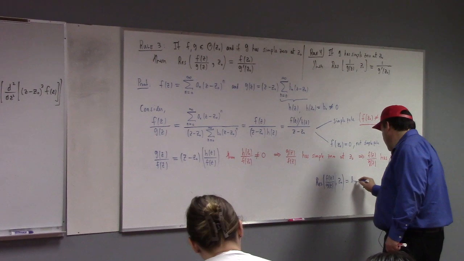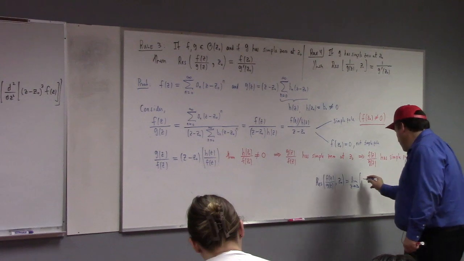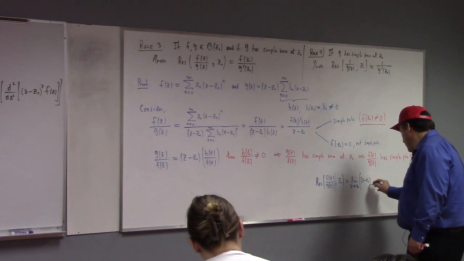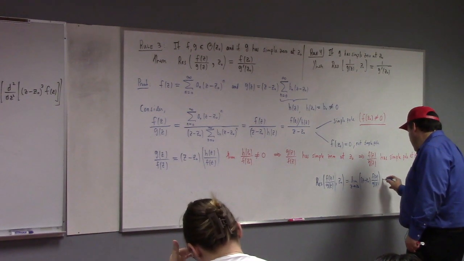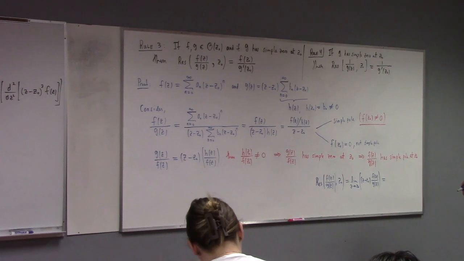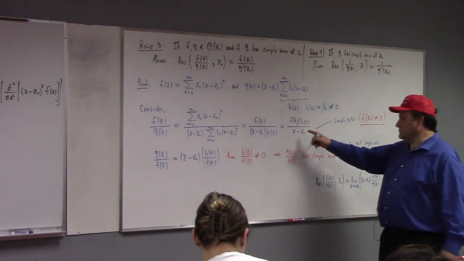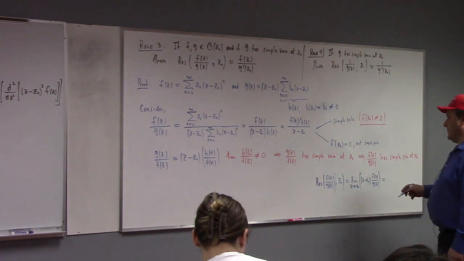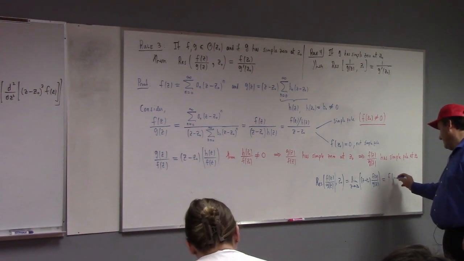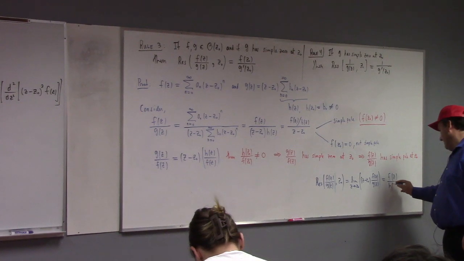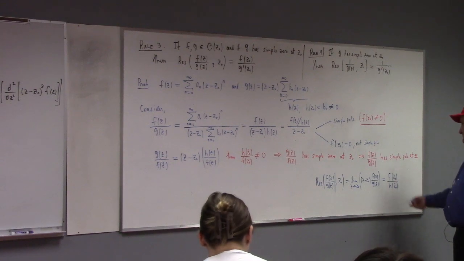How about we do the limit as z goes to z naught of z minus z naught times f of z over g of z, right? Which is what? Well, from right there, f of z over h of z, I mean z naught, because we had to take the limit.